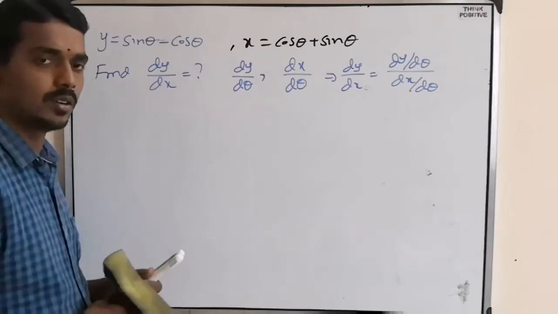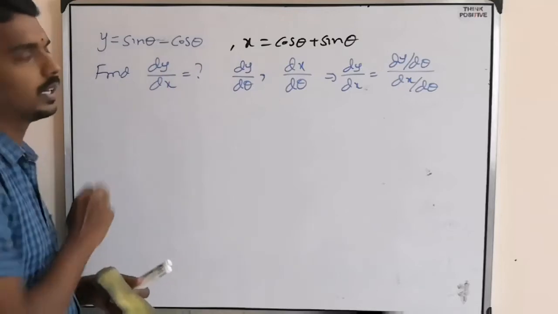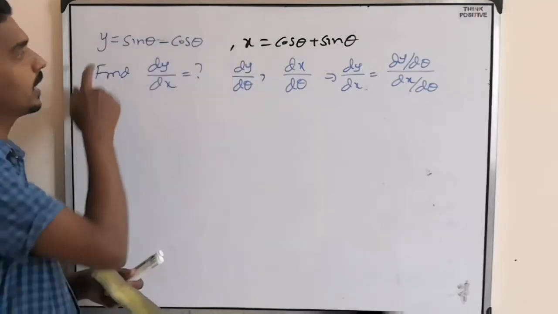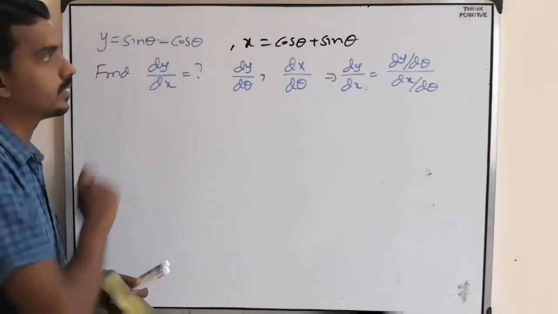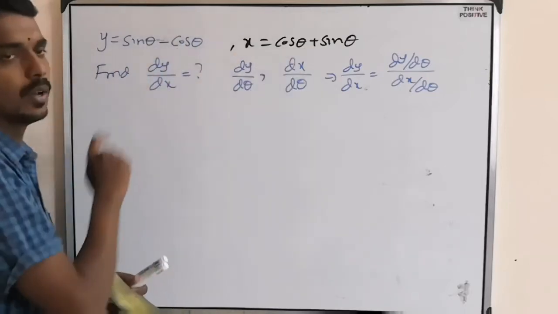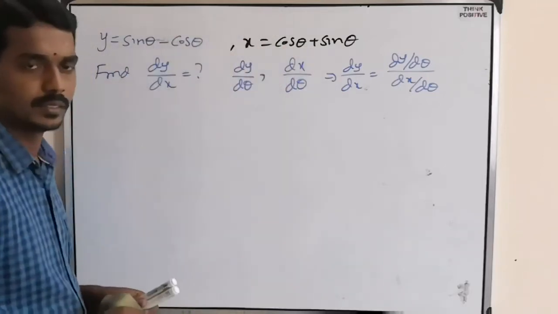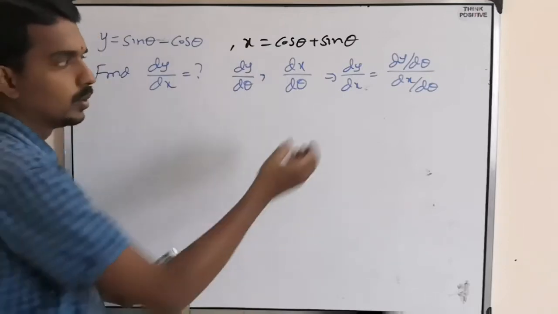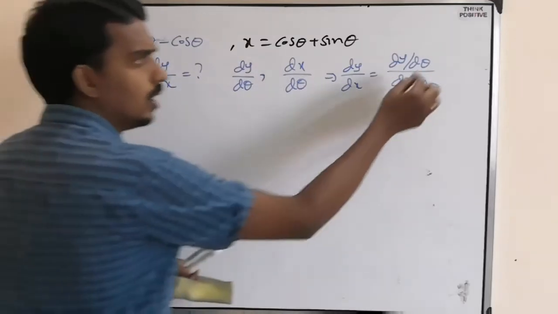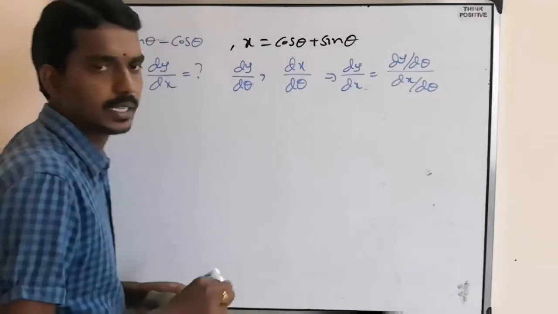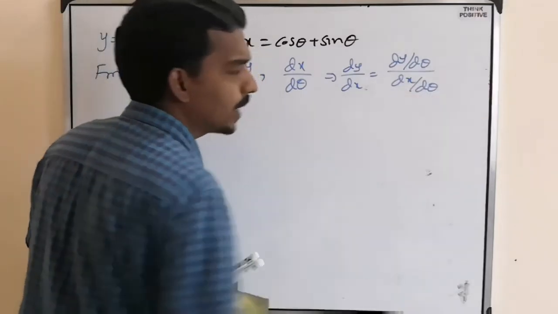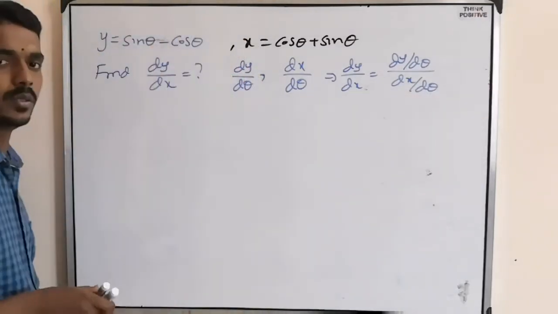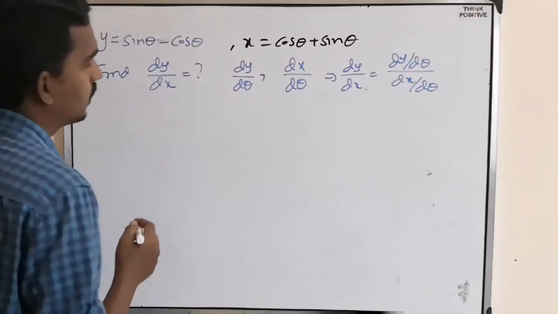Sometimes in physics also, two different quantities like x and y depend on the same variable like theta. Then also you have to do it this way, so that first you find dy by d theta, then dx by d theta, then you can do the question.